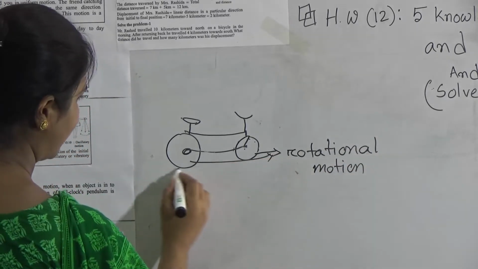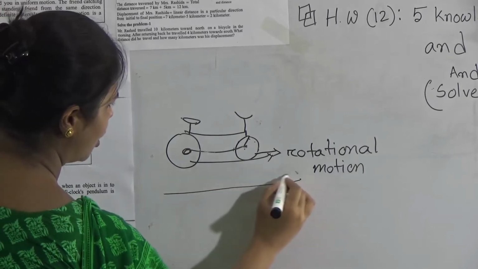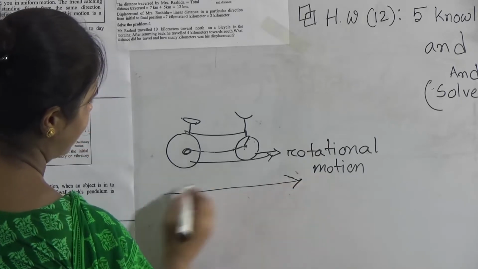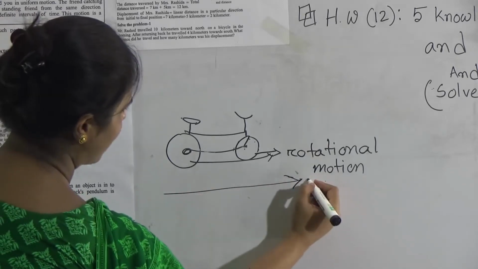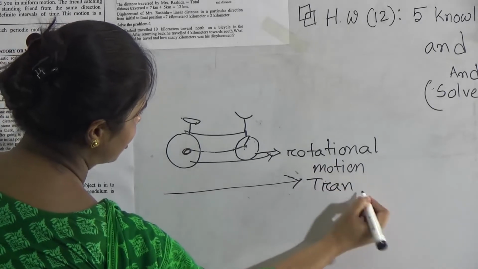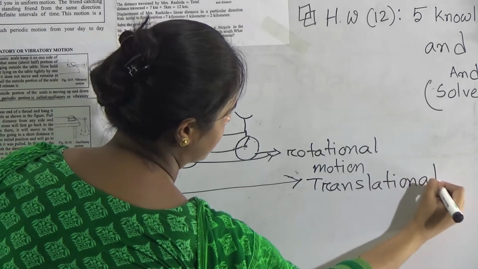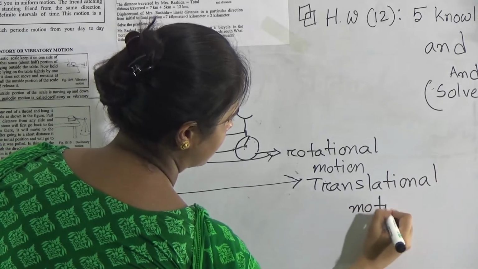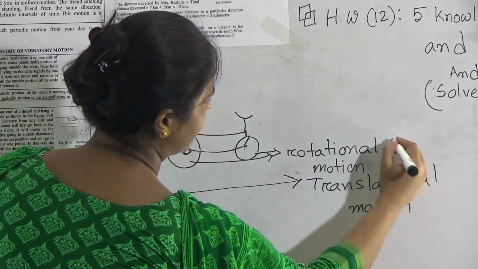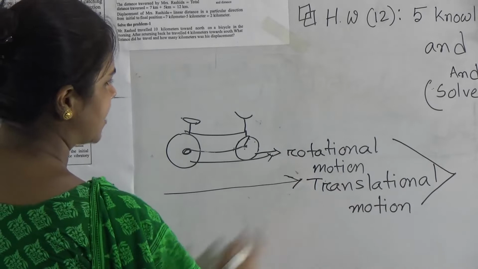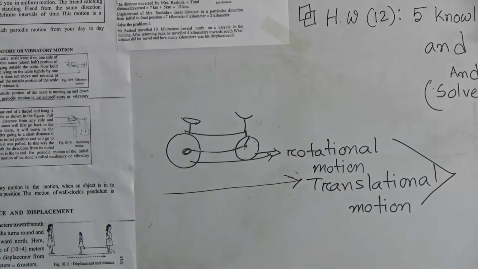But when it is moving, it also goes in a straight line. That means it also goes forward. It also has translational motion. Here two types of motion are working together. That's why it is called translatory motion, or it is a complex motion.